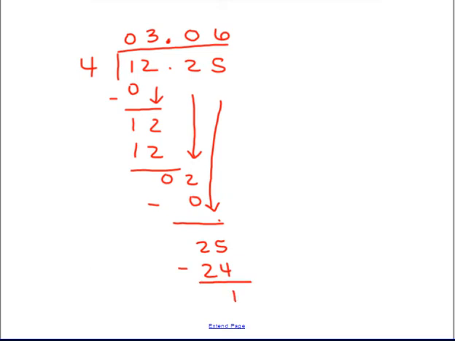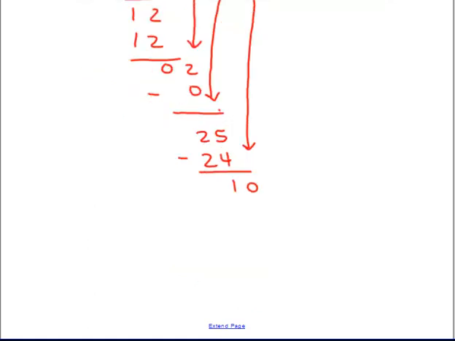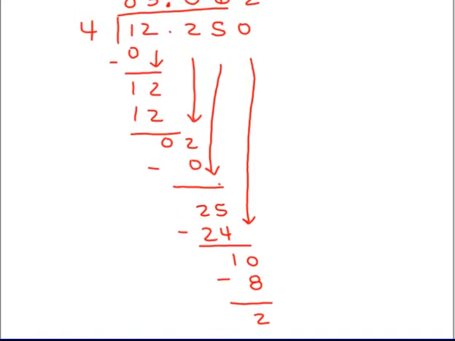Subtract 1, add a 0. 4 goes into 10 2 times. 2 times 4 is 8. Subtract 2. I think we're coming to an end here. Add a 0.